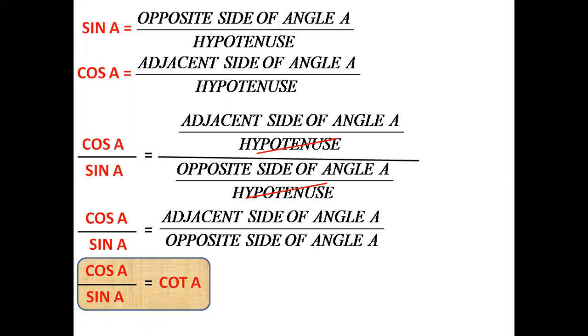So cot A in terms of cos and sin: cot A is equal to cos A by sin A. Right. So these two formulas, tan A and cot A, you have to remember: tan A is equal to sin A by cos A, cot A is equal to cos A by sin A.